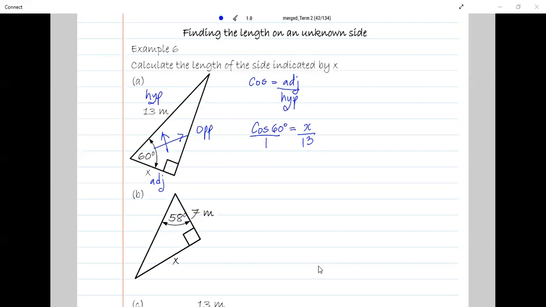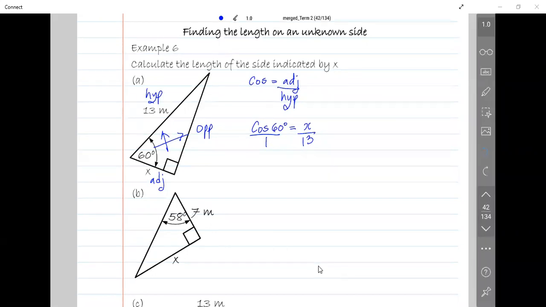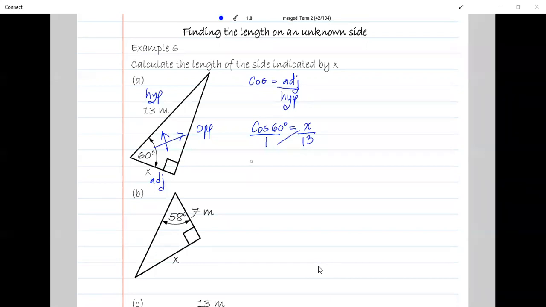Then I'm going to say, if I have one fraction equal to one fraction, what do I do? Anybody? Cross multiply. Let's cross multiply. What is 1 times x? X. Very good. So 1 times x is x.